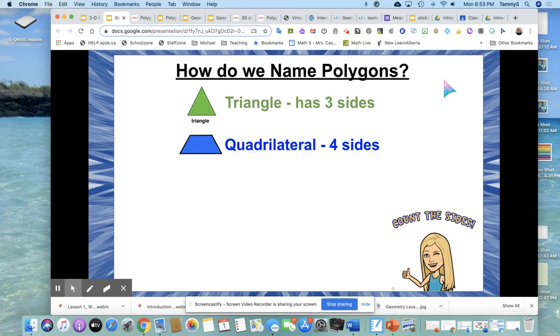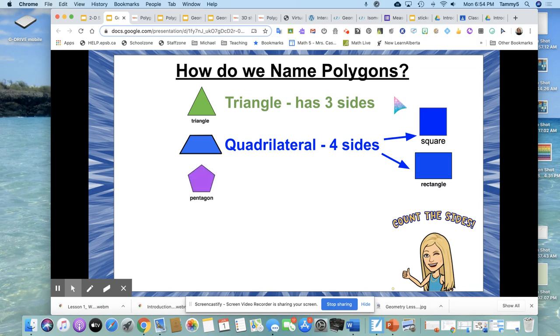Can you think of some other shapes that have 4 sides? I know you're thinking to yourself, a square has 4 sides, and yes, that is a type of quadrilateral. A rectangle also has 4 sides, and it is a quadrilateral too. A square has 4 equal sides, so we call it a regular polygon because all 4 sides are the same length.